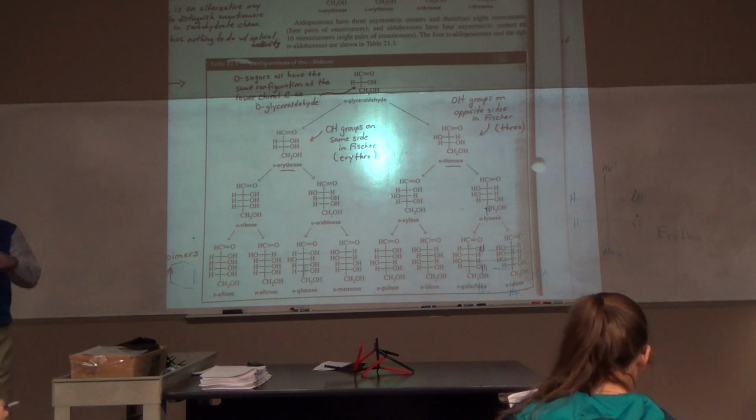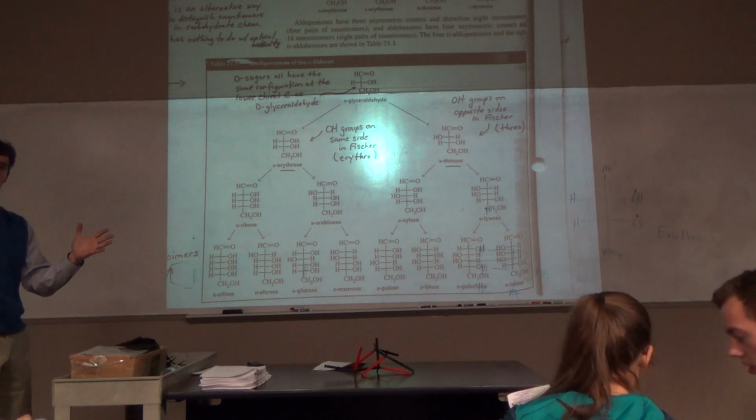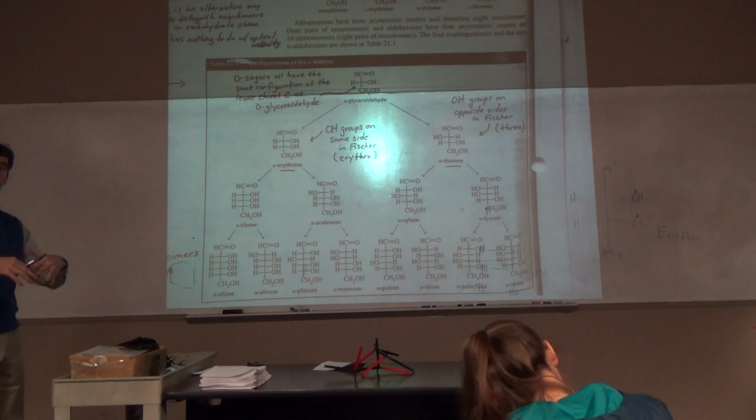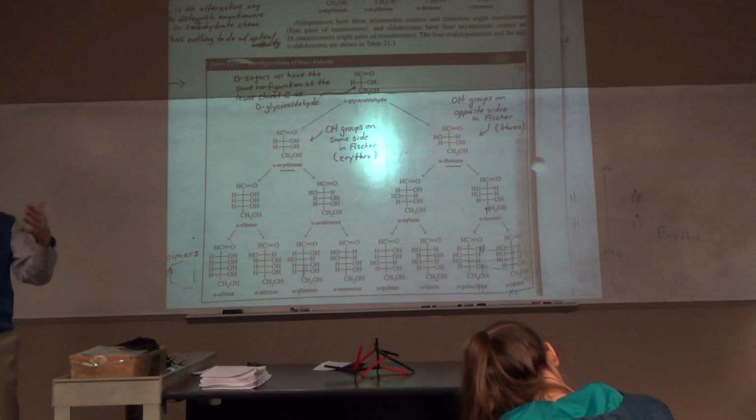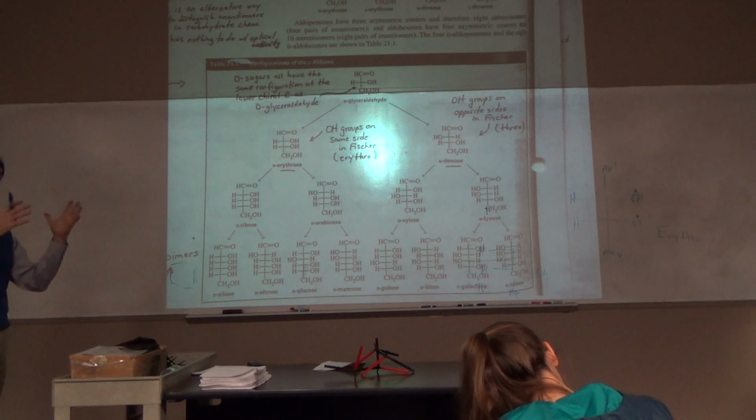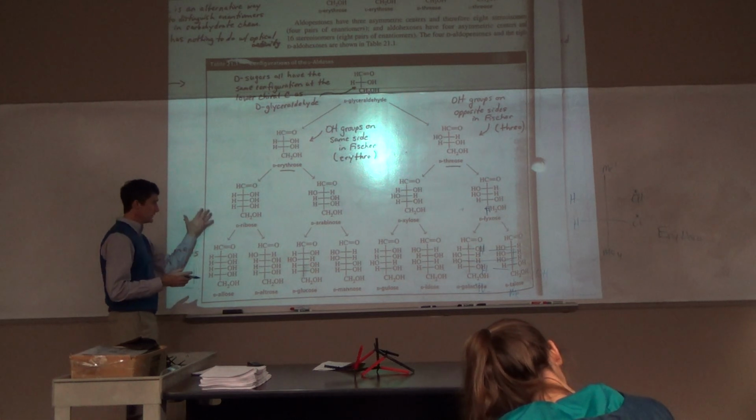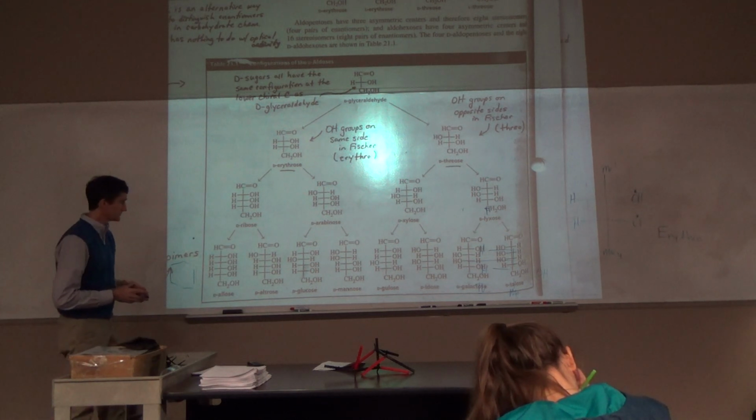Carbohydrates can exist in open ring forms, or in ring forms. When they're in ring forms, you're going to be talking about chair conformations. When they're in open form, they're going to be shown in Fischer projections.